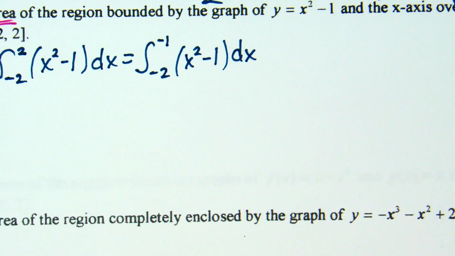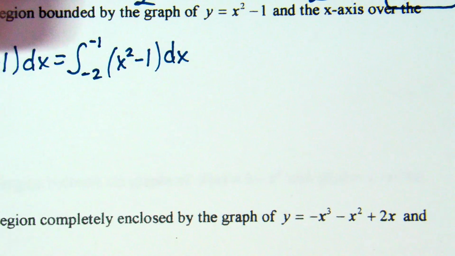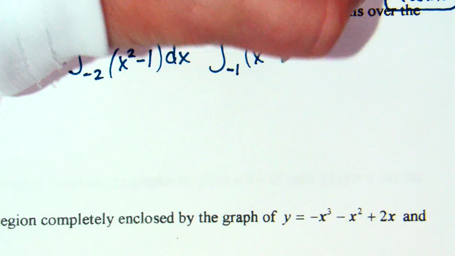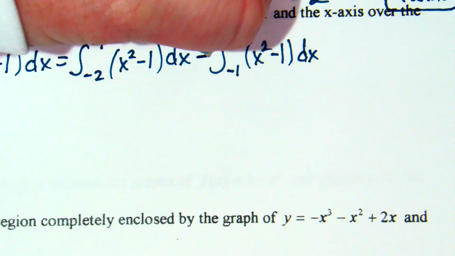Yeah, the bowl, so to speak, is negative 1 to positive 1 of x squared minus 1 dx. What do I know about that bowl? What do I need to do with this integral? Subtract it. Because that bowl is underneath the x-axis, has a negative value, we're subtracting it.